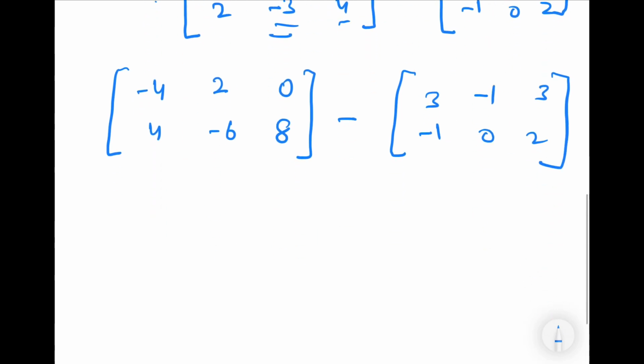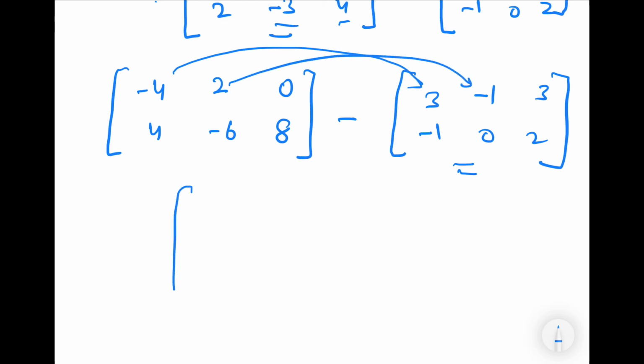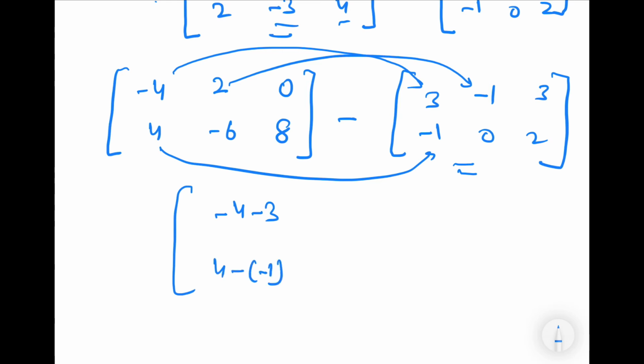Now, every element of this matrix will be subtracted from the corresponding element of the first matrix, means minus 4 minus 3, 2 minus 1 minus 1. So, see, minus 4 minus 3, 4 minus minus 1, then 2 minus minus 1, minus 6 minus 0, 0 minus 3 and 8 minus 2.